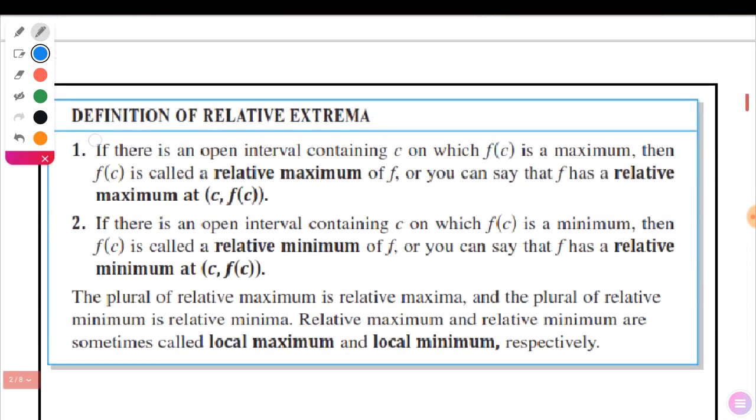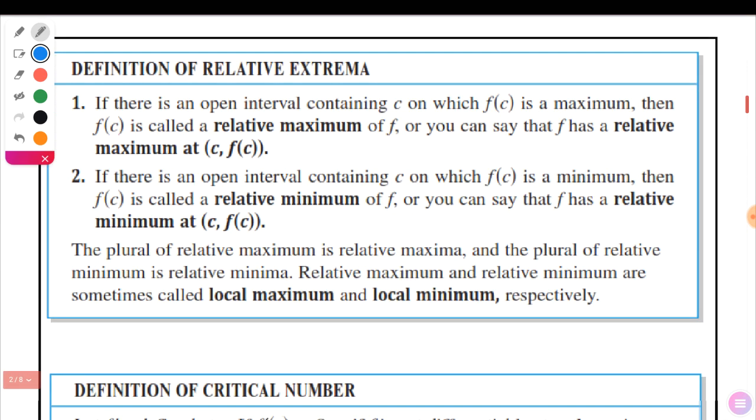Here, when we talk about the maximum value or minimum value in a closed interval, we name it absolute maximum or absolute minimum. But here we will define a new concept, which is relative extrema.